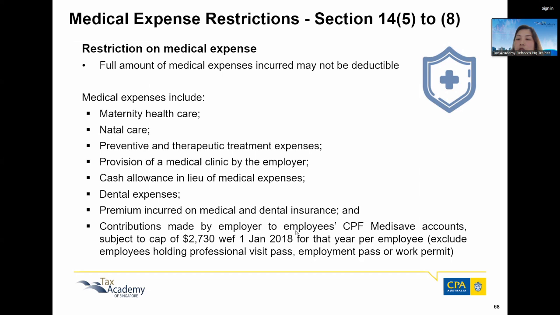Is the rental portion for the office not deductible? So when there is an office, I presume that in the manufacturing plant there is an office as well. The office is part of the company's trade. Okay, so both the rent for the office as well as the manufacturing plant is deductible.